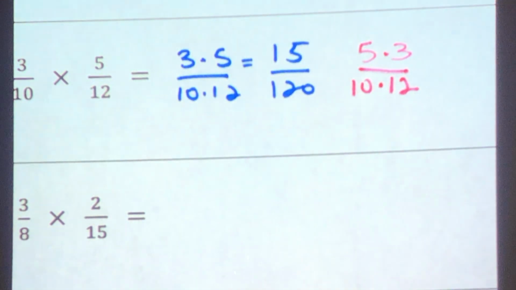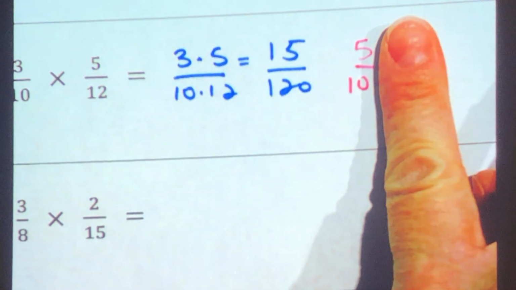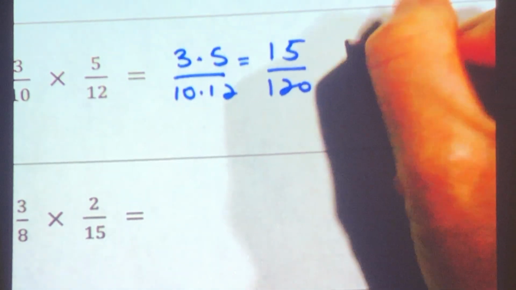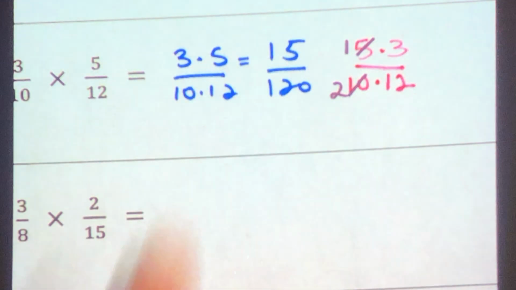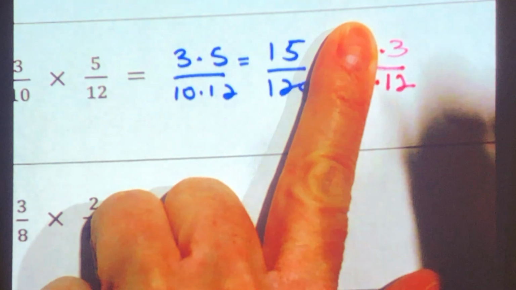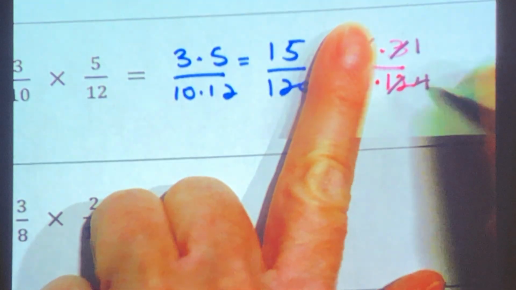Well, now when we look at this, I'm going to switch markers. That one's not coming out as nice as I would like. Now I see 5/10. We just simplified that, didn't we? 5 goes into 5 once, 5 goes into 10 twice, and I have 3/12. 3 goes into 3 once, 3 goes into 12 4 times.